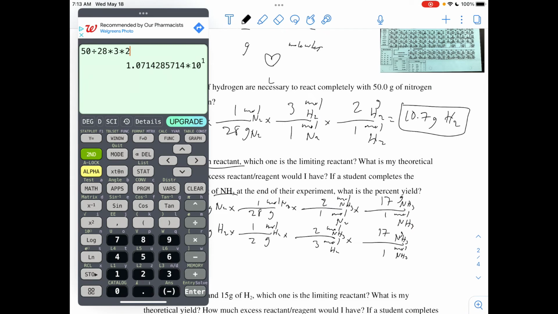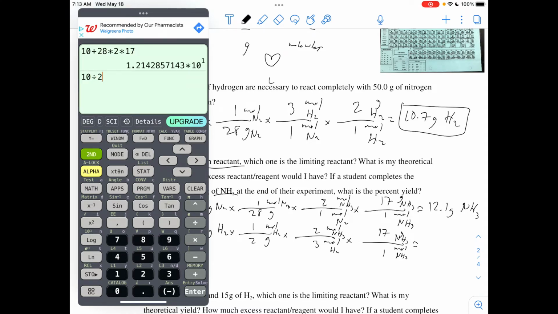Okay, so I'm going to do this big calculation. 10 divided by 28 times 2 times 17 gives me 12.1 grams of NH3 if I started off with 10 grams of N2.